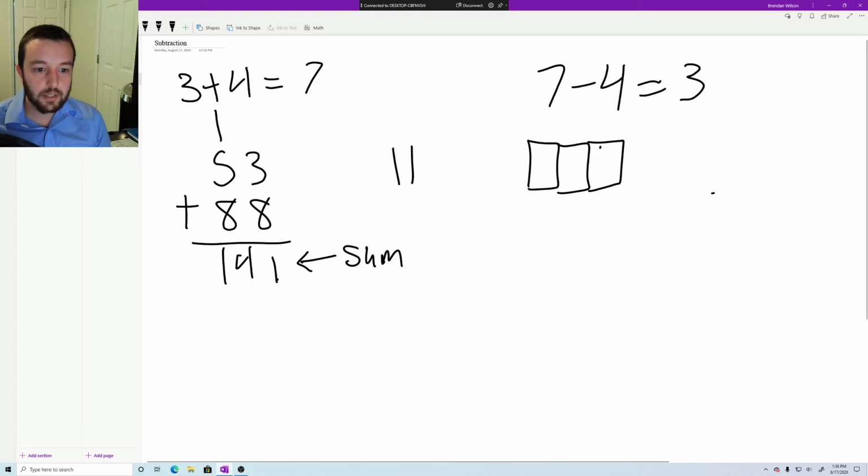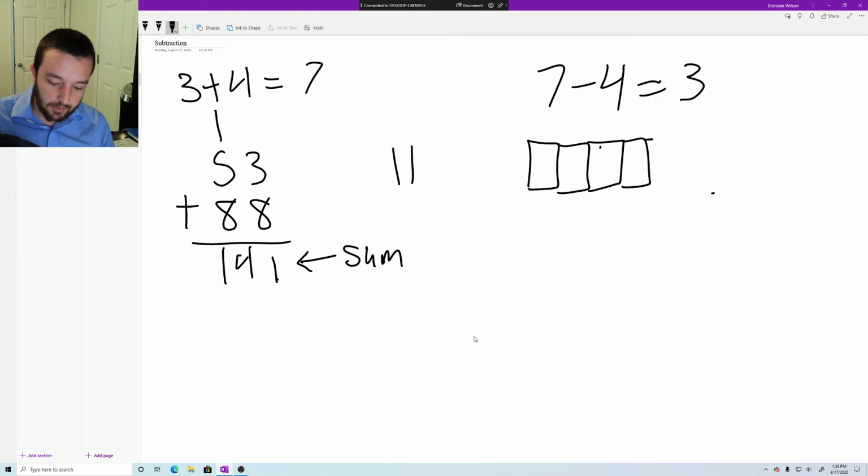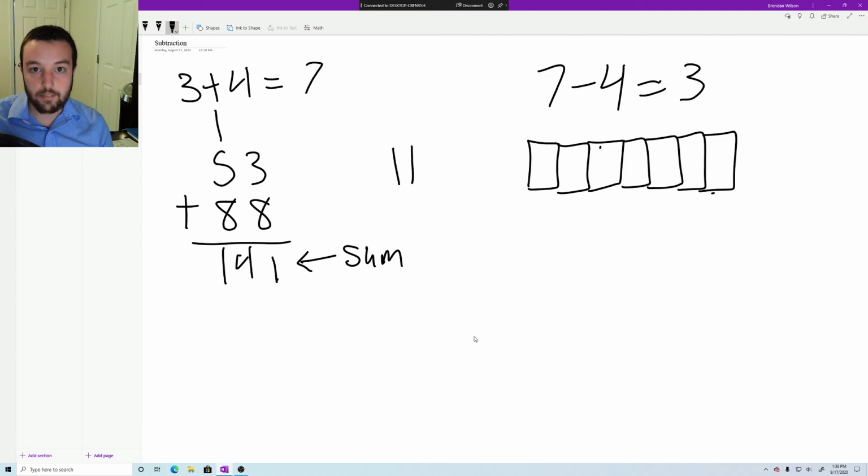If we have 3, like in the picture here, and we add 4 to it, then that's how we get to 7. Now, to get back to 3, we subtract that 4, and now we're back at 3. So they're complete opposites. They're undoing each other.